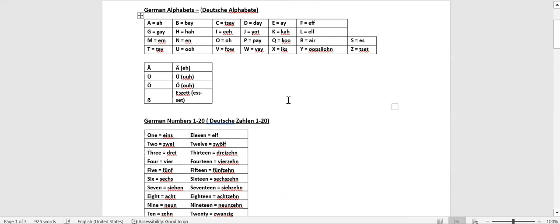If you learn these numbers and letters in the beginning, it is going to be very helpful.